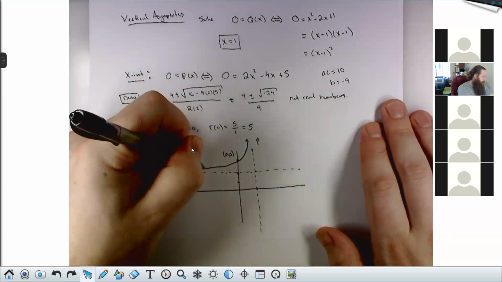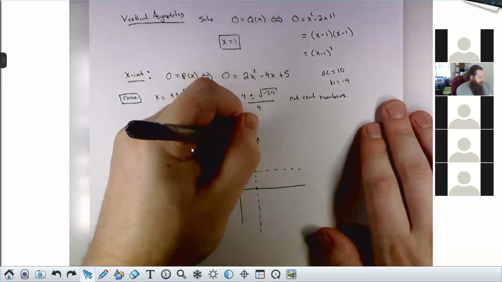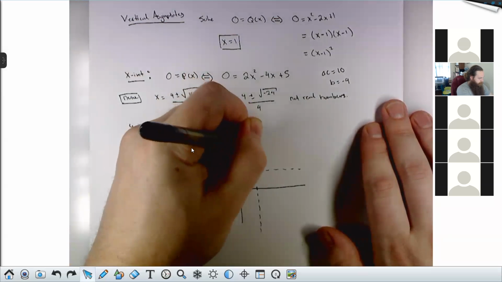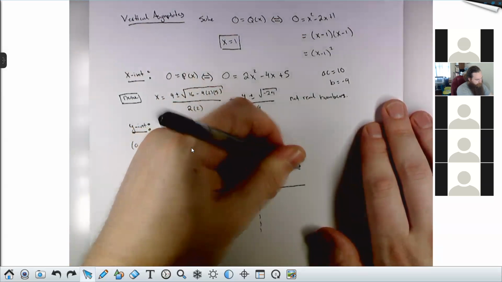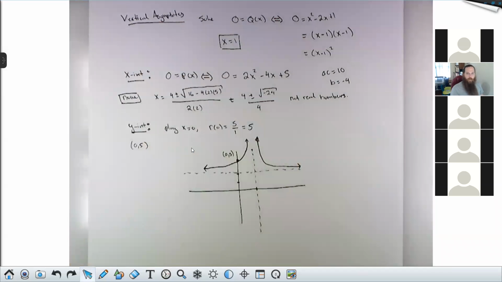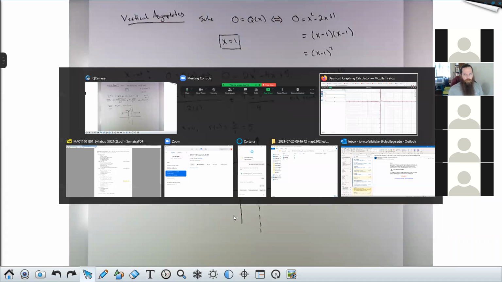I'm a little short for space. And over here, I have to approach this guy. So it's a wonky graph, but it's a graph. And if we wanted to make this good on a test, I'd plug in a few other numbers, figure out what happens at x equals 3, x equals 4. But for us, this is good enough to get an idea of the shape. And let me just show you in Desmos.